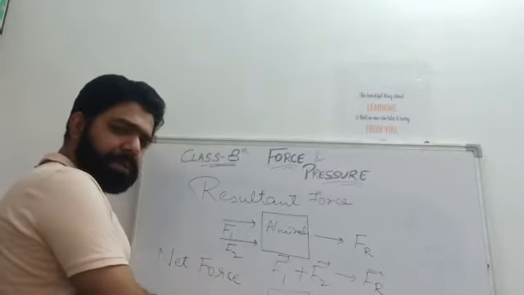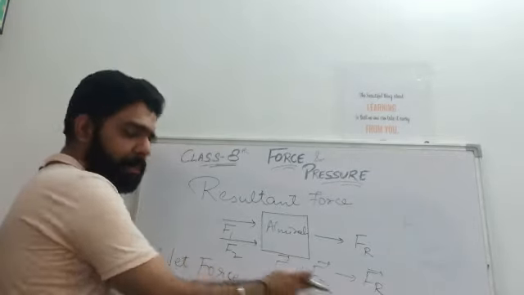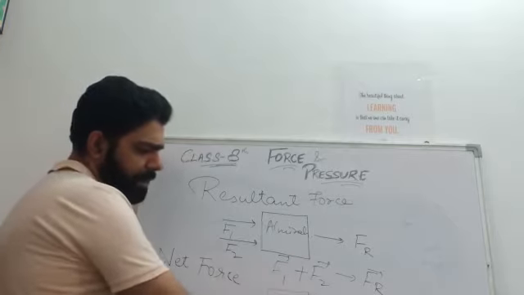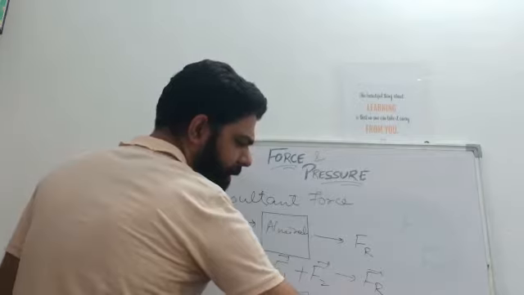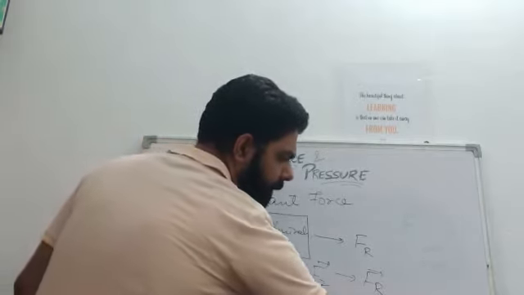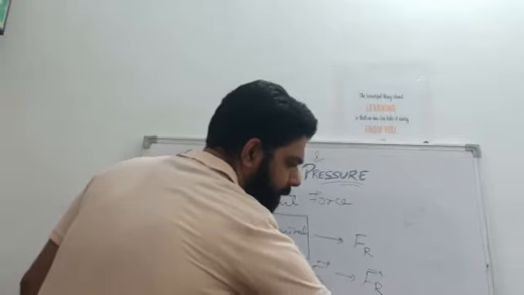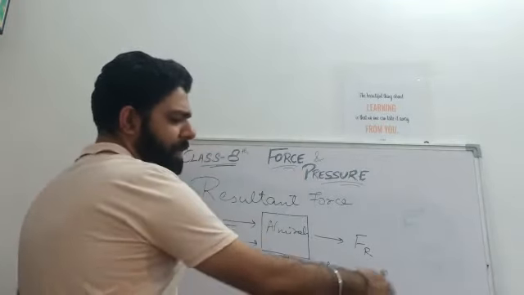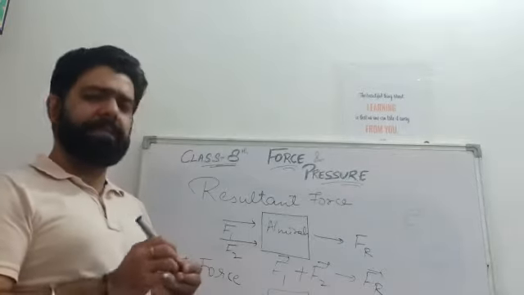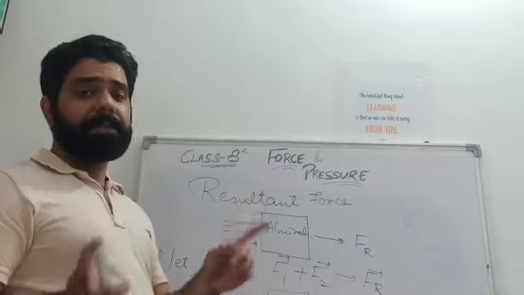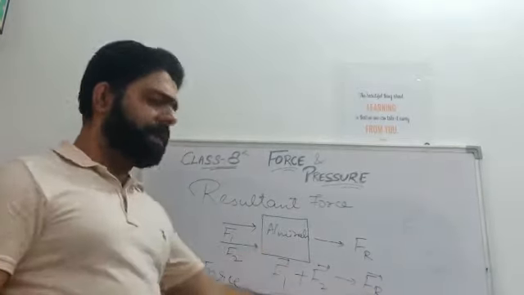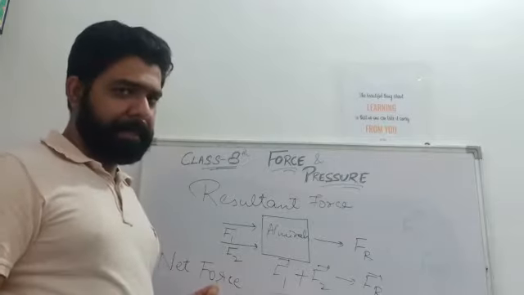It means this force is bigger and this force is smaller. Suppose this force is bigger and this force is smaller, so the almirah will move to this side. So the net force is F1 minus F2 gives you Fn. The bigger force will cancel out the smaller force and give you the net force. So the net force is basically the two forces acting on the same object from opposite directions. The difference of these two forces is called the net force.